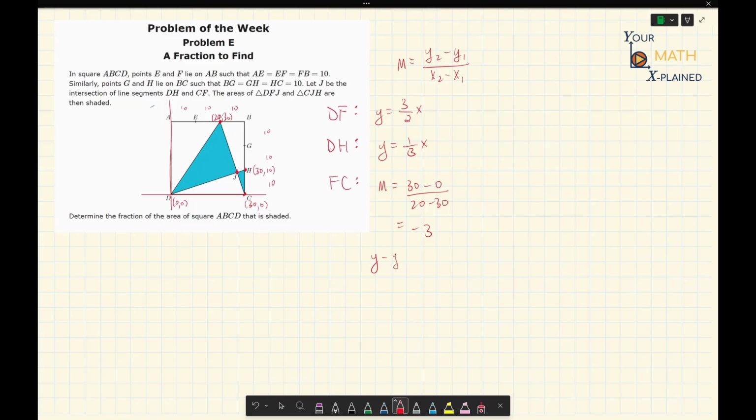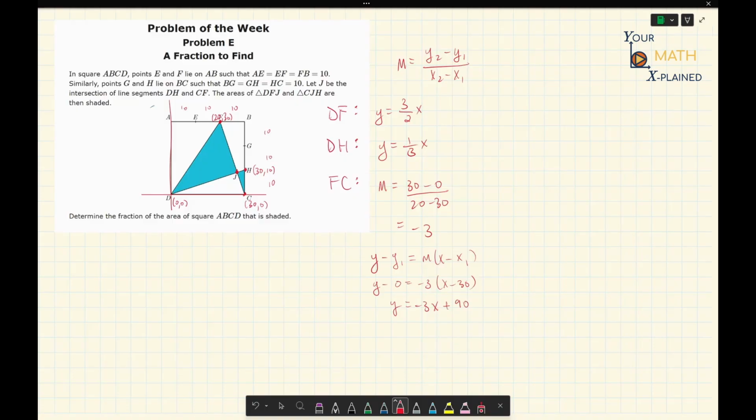That's y minus y1 equals m times x minus x1, where m is the slope, we know that already, and the x1 and y1 is just any coordinate on that line. So I'll pick the 30, 0, so it would say y minus 0 equals negative 3 times x minus 30, and when I simplify that, it'll be negative 3x plus 90.